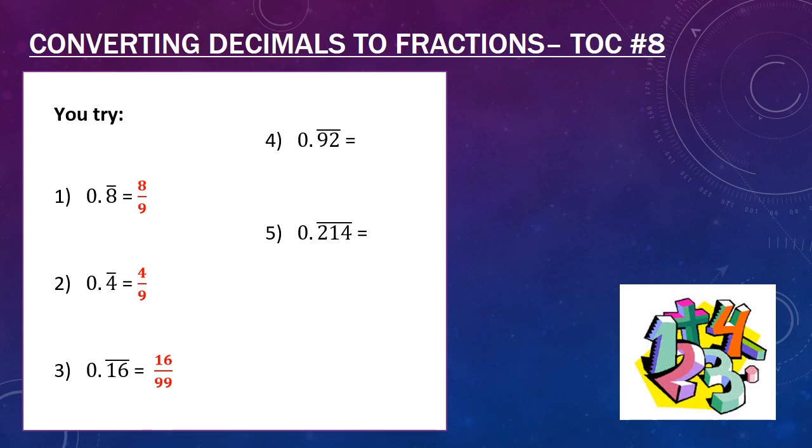I can't divide 16 by 3 or 9, so I'm just going to let it go. For number 4, we have 92 repeating, so we put 92 in our numerator and 99 in the denominator, and it cannot be simplified. The last problem is 214 repeating, so it goes over 999 because there's 3 digits, and it again cannot be simplified.